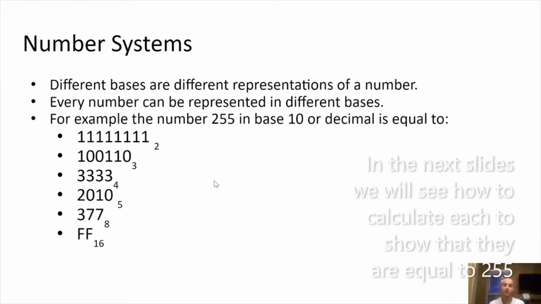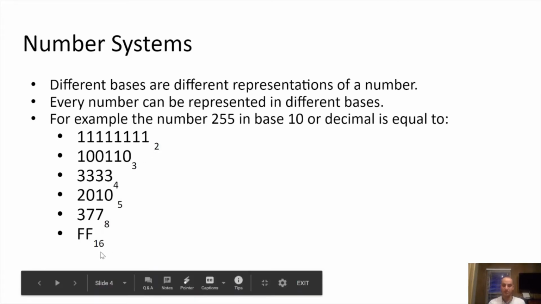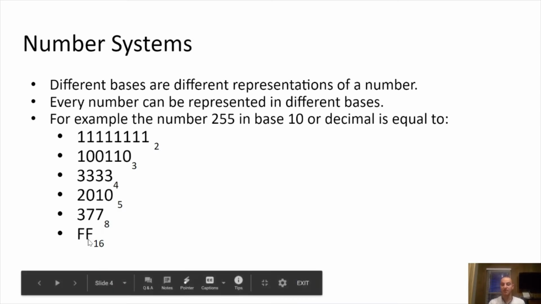The same number can have different representations, as we talked about in the beginning of the lecture. All of these numbers are equal. The value of each of them is 255, but they are in different bases. In base 2, you have this one, and in base 16, you have FF.